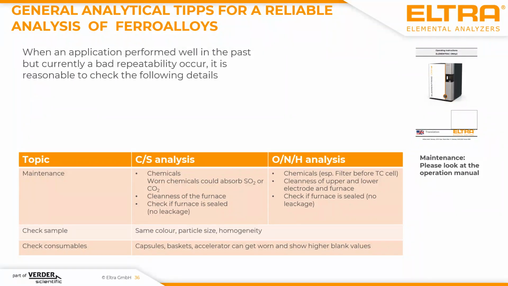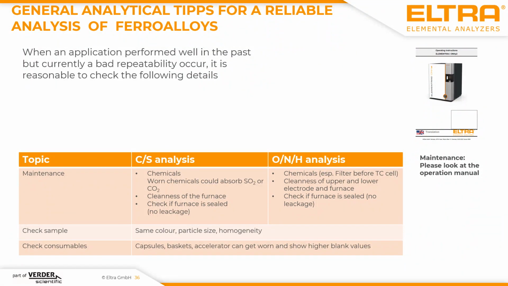But this hood was full of acid, and so the tungsten was contaminated and it was no longer possible to get reliable carbon and sulfur analysis. And this could be the same for every tool you use. Every tool you use for combustion and inert gas fusion can influence your results.